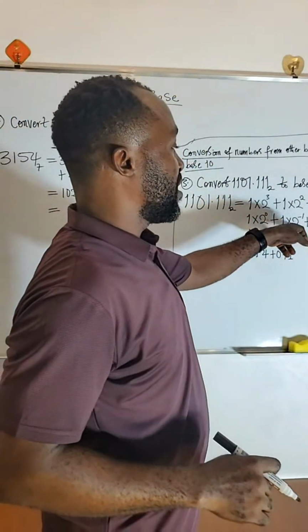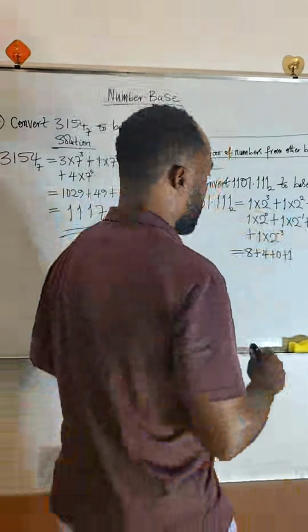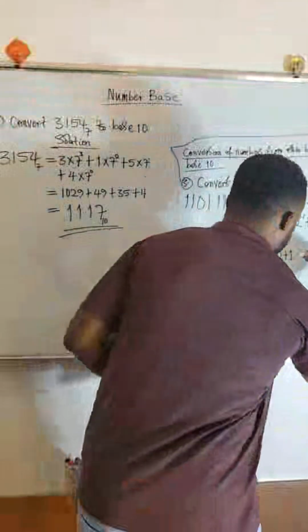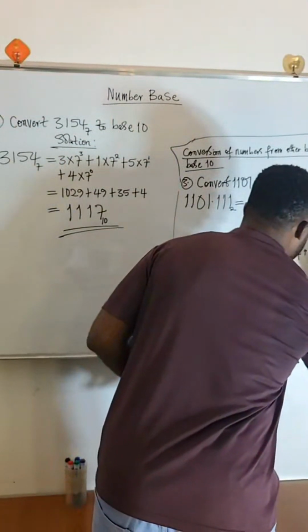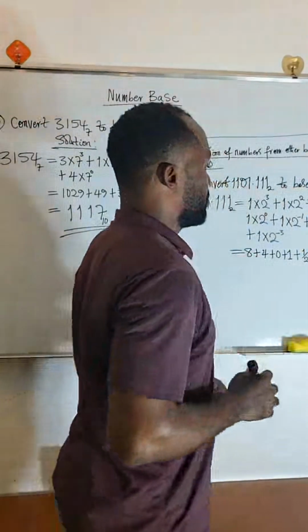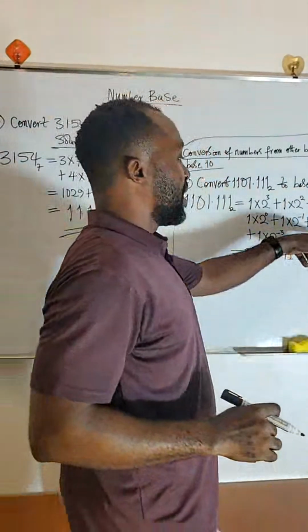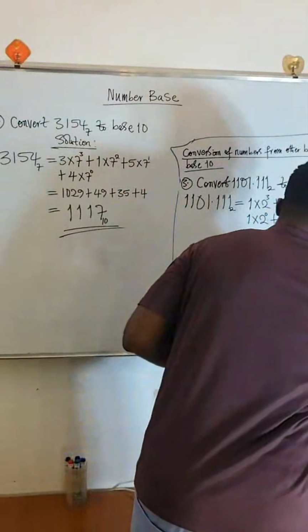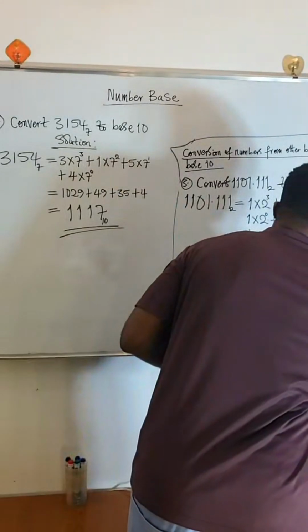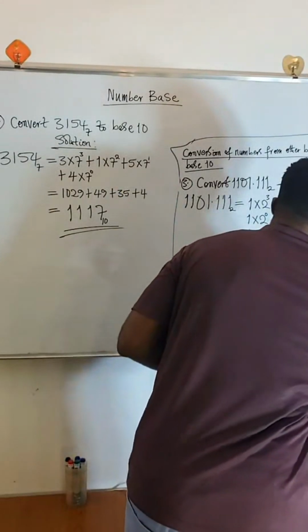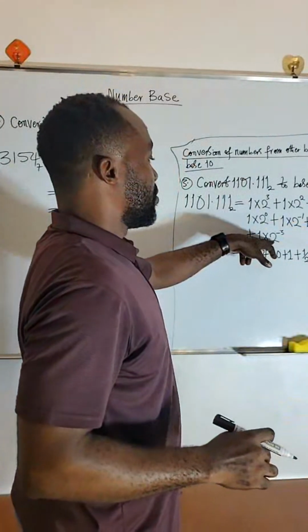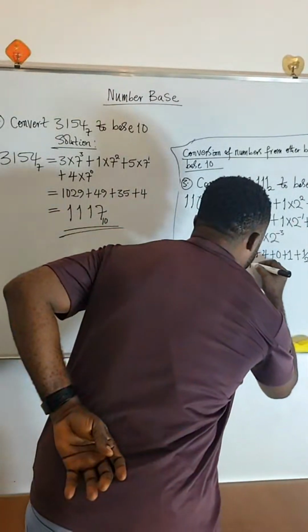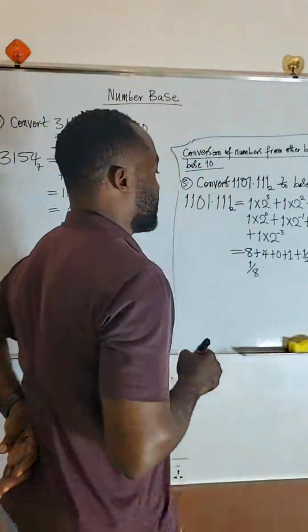We now enter the fractional parts. So here, 2 raised to the power of minus 1 is the same thing as 1 over 2. And 2 raised to the power of minus 2 is the same thing as 1 over 4, plus the last part here, 2 raised to the power of minus 3, which is the same thing as 1 over 8.